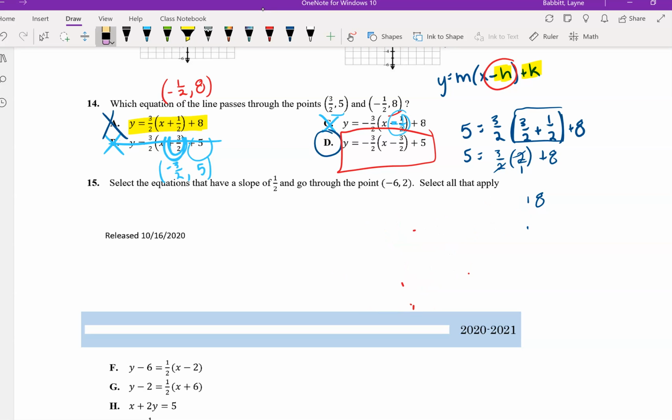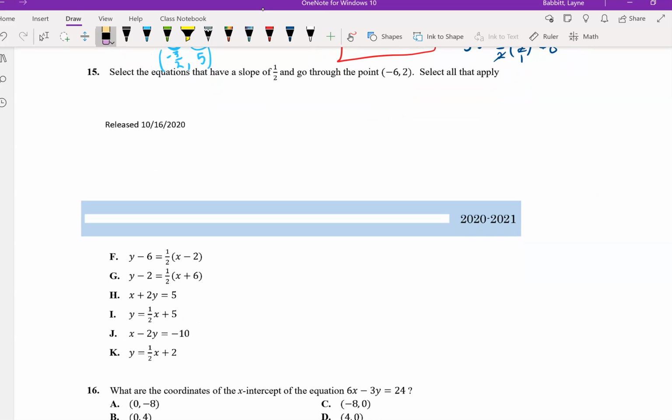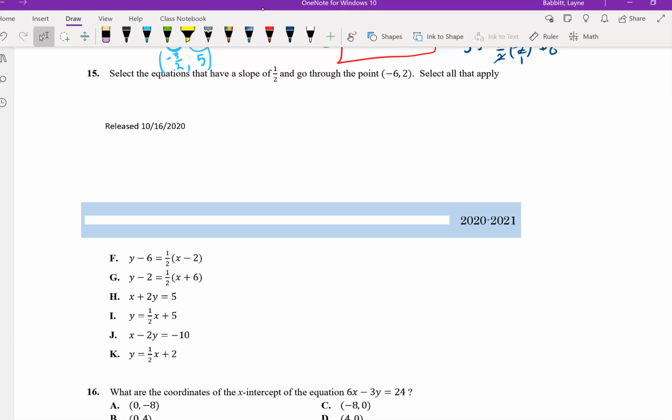All right. Next question says, select the equation that has a slope of 1/2 and goes through the point negative 6, comma, 2. All right, so what we have here is a bunch of equations written in different forms. What I think I'm going to do is eliminate all the ones that don't have a slope of 1/2 first, and kind of go from there.